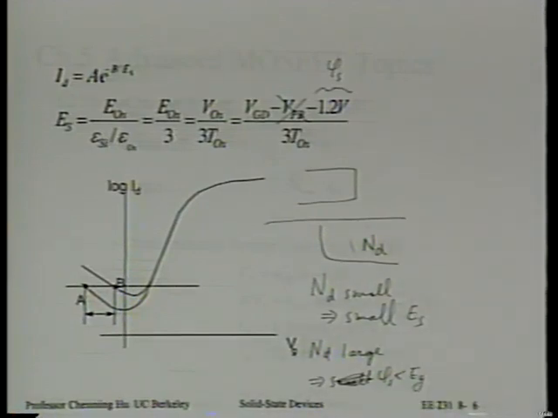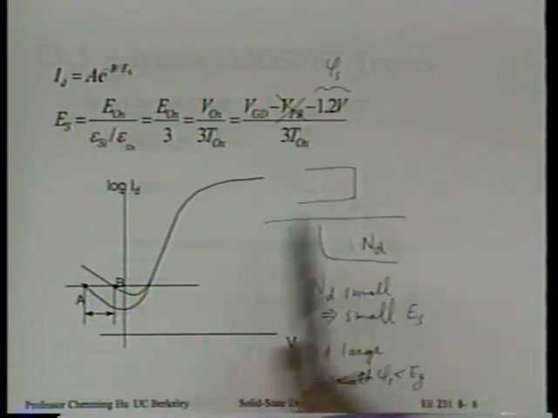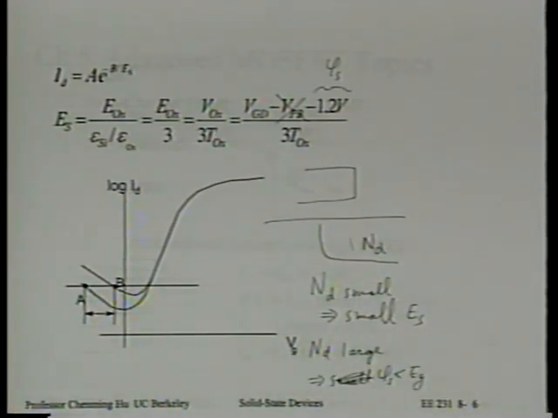Is that right? What's really interesting is that you can show that there is one particular doping concentration that gives you the minimum VDG to create a certain ID. And that number is somewhere around 10 to the 18th. That seems to be the worst case doping.